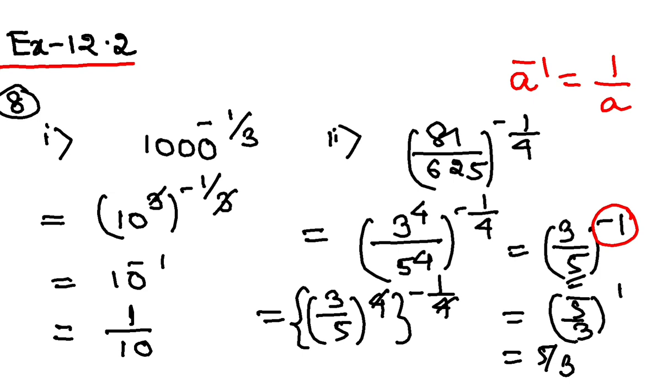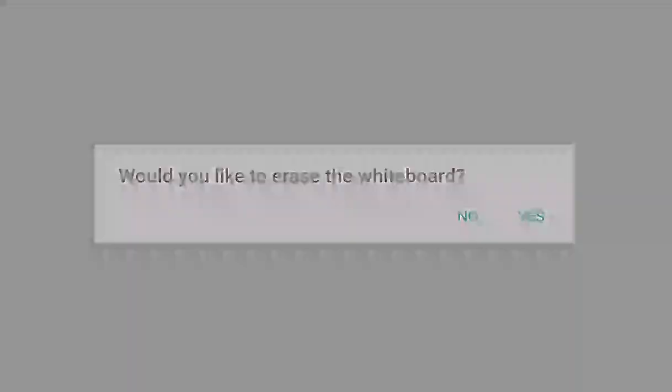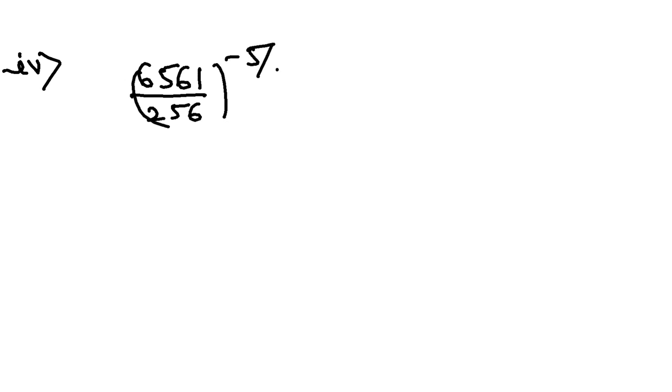Now question number 3 has some problems, so you can skip this question for now and let's go to question number 4. The 4 says 6561 by 256 whole to the power minus 5 by 8.